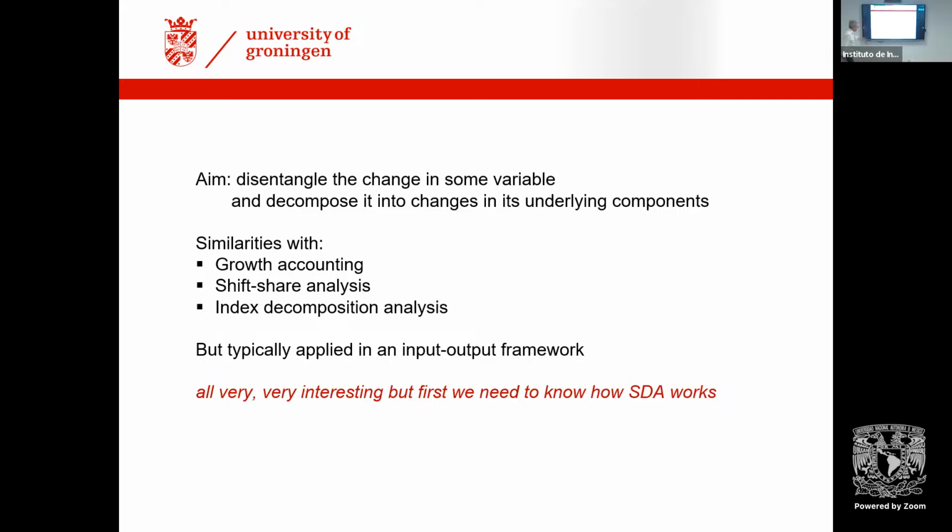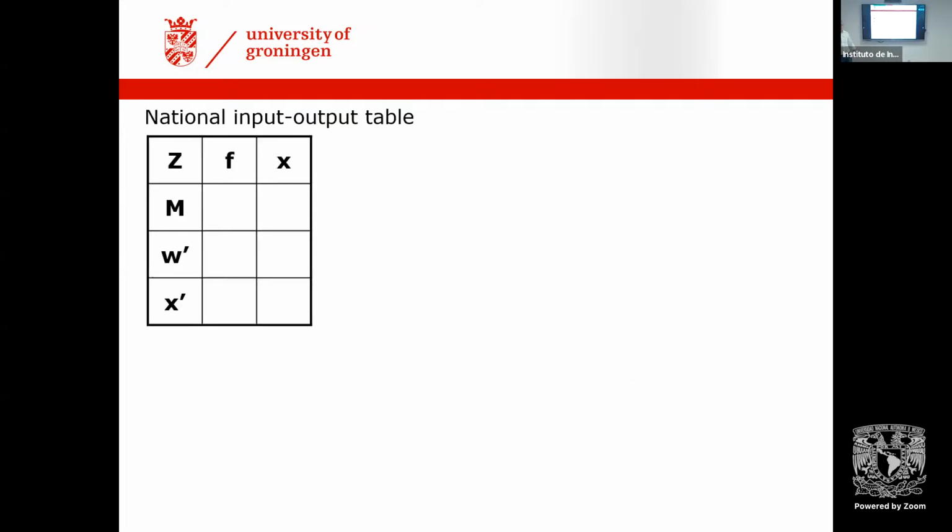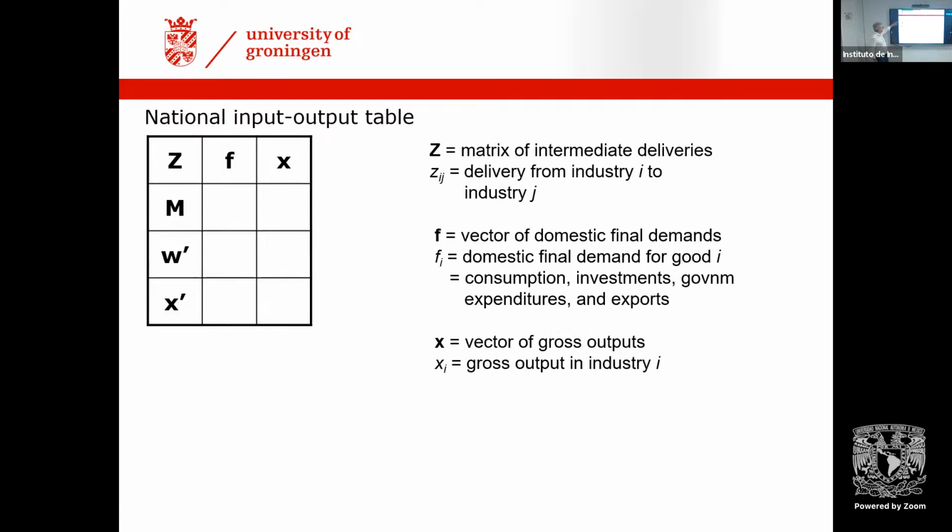All this information is very interesting, but first we need to know how SDA works, and therefore I'm going to start with the simplest case. We've seen this a couple of times before. We have the input-output table, just a national input-output table.